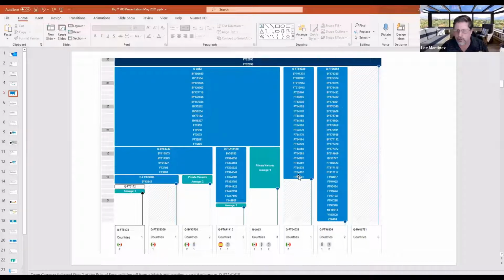So the difference between these two and this one is that these two had a close relative take the test, a brother, and sure enough, 100% of those so-called private variants ended up not being private anymore. Why? The brother had the exact same mutations, as would be expected. Does that make sense? Let me just stop here for a minute. Is everyone understanding what I'm saying so far?